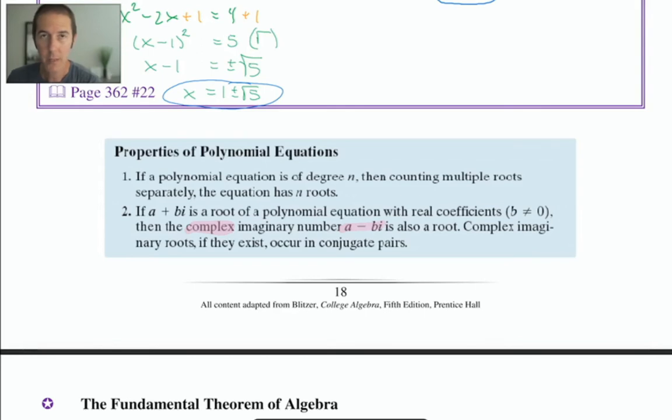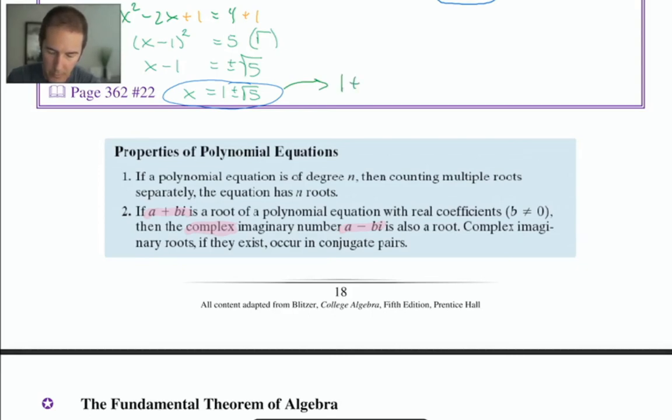If a plus bi is a root, then its complex conjugate, a minus bi, is also going to be a root. And we're seeing some of that up here.